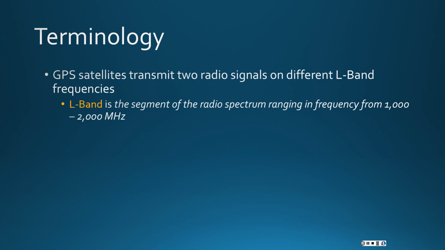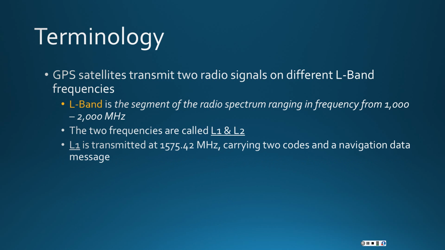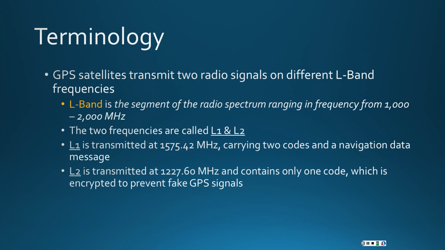These 2 frequencies are called L1 and L2. The L1 signal carries 2 codes and a navigation data message, and the L2 signal contains only 1 code, which is encrypted to prevent fake GPS signals.